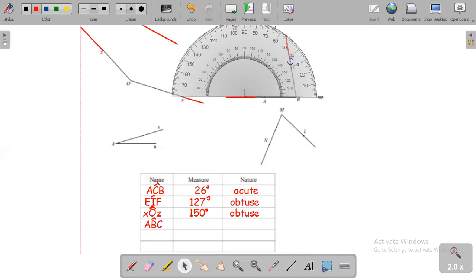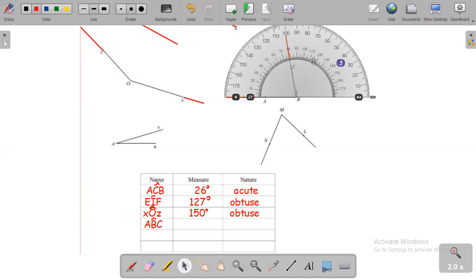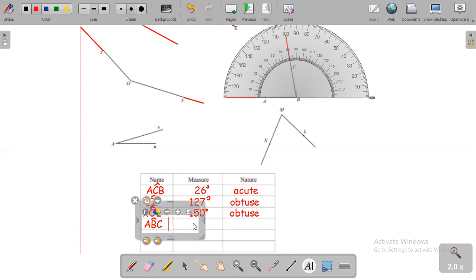And we put the middle of the protractor on the vertex B. We look at this side because we put it on BA. So we look at the number starting from 0, this number starting from 0, and we see the other arm is at which measure? It is 80 degrees. So the measure is 80 degrees.